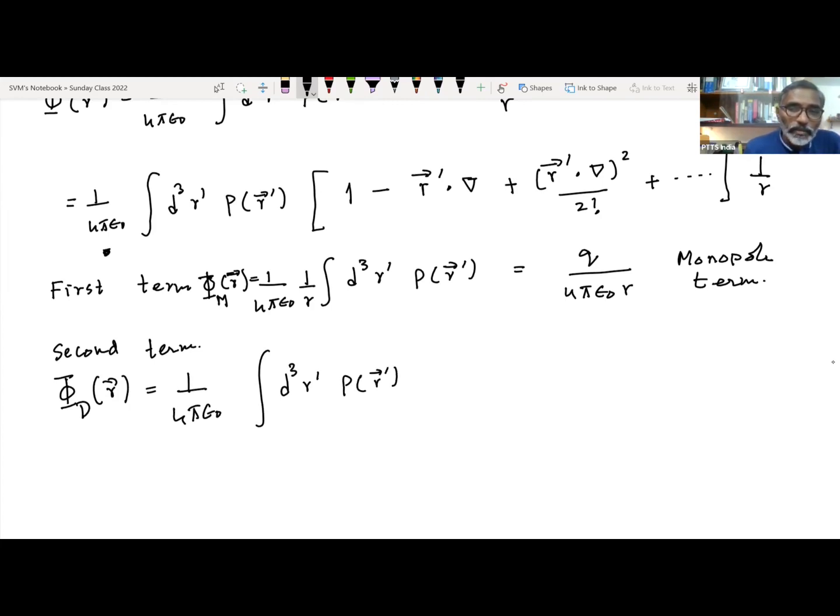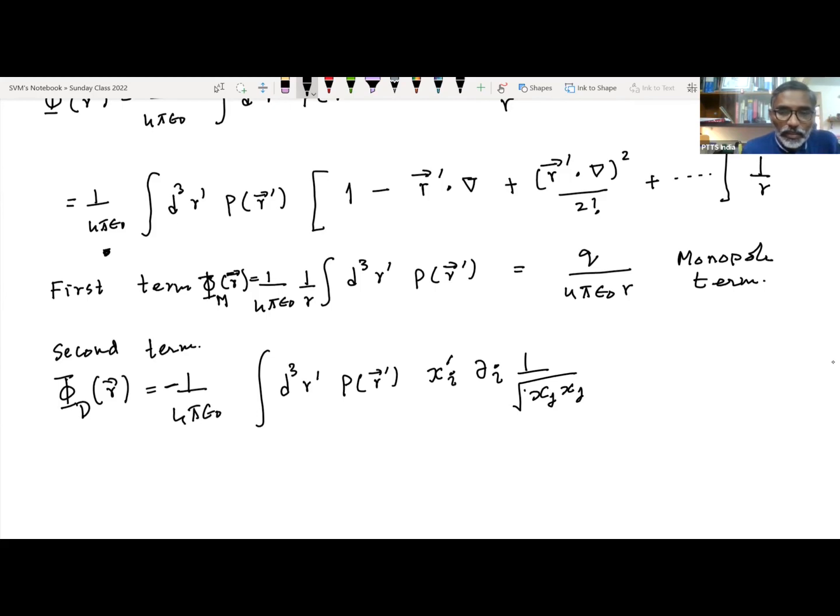Now I would write this with a negative sign, of course. I'll put the negative sign outside. I will write this as xi prime into del i, that is the dot product, into 1 by r. 1 by r, I will write it as 1 by square root of xj squared.